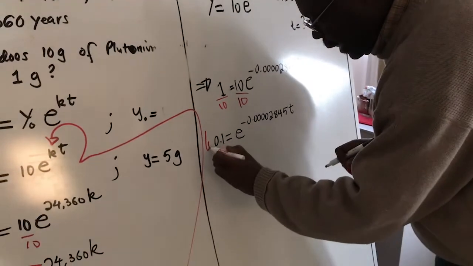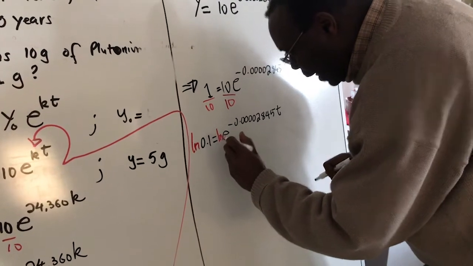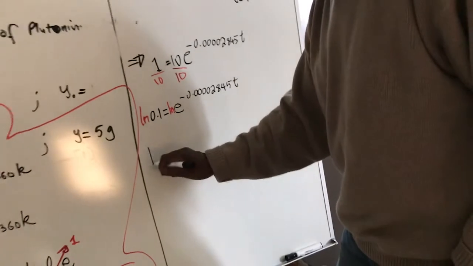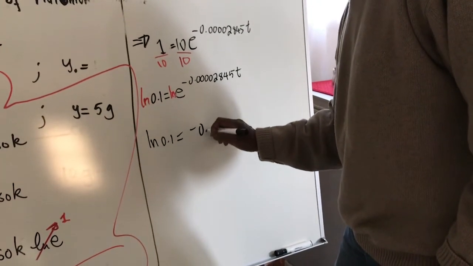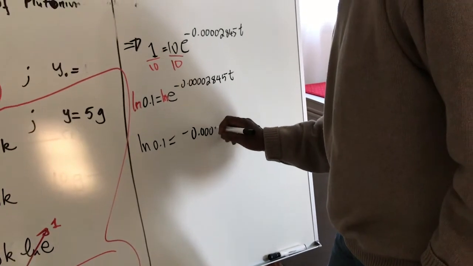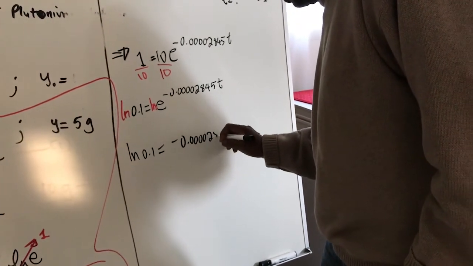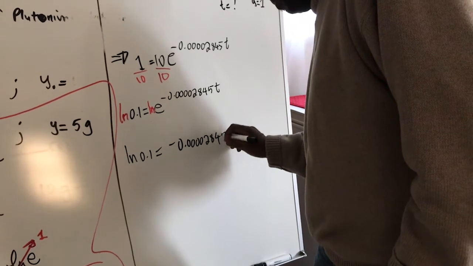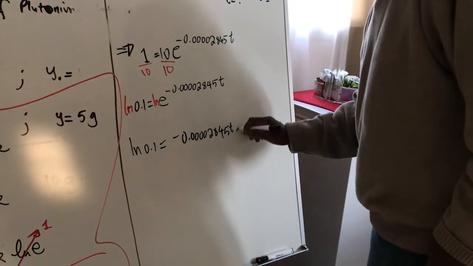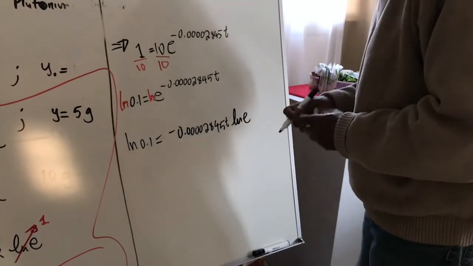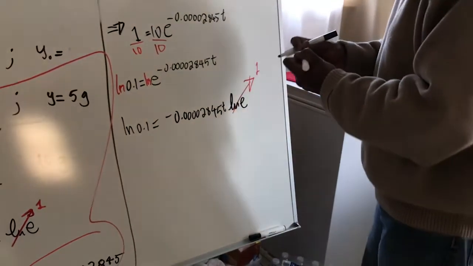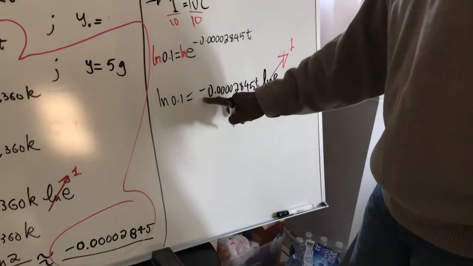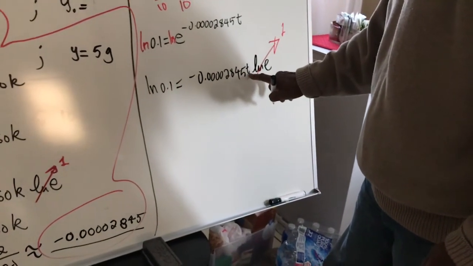Logs drop exponents, so we have ln of 0.1 equal to negative 0.0002845t, and we have ln e, which happens to be 1. This cancels to 1, and now we can divide by this decimal number to get t.